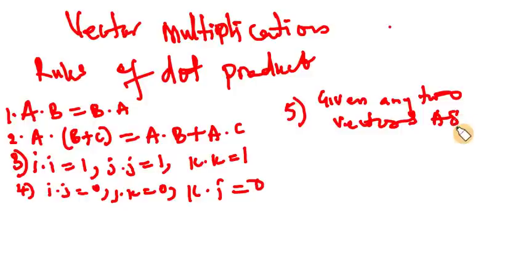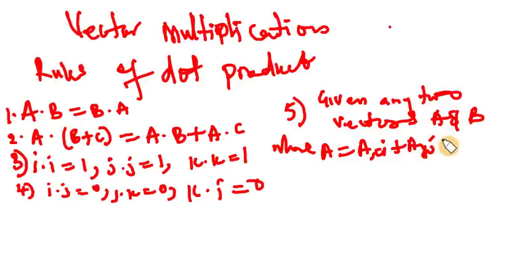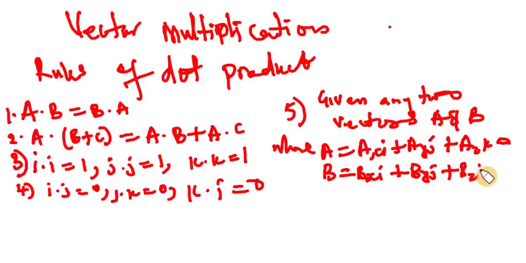Again, given any two vectors, let's say a and b, where a equals axi plus ayj plus azk, and b equals bxi plus byj plus bzk.